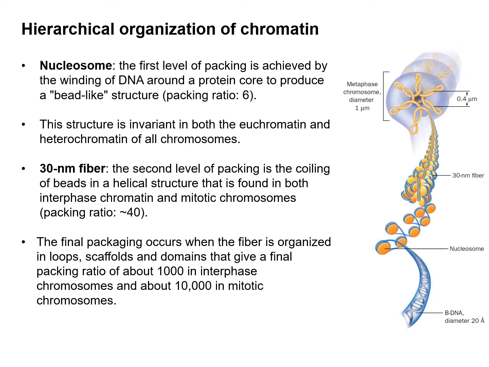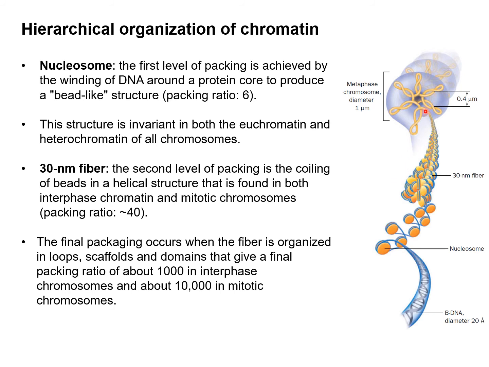The next level of packing is the 30 nanometer fiber, which is basically the coiling of these little nucleosome beads in a helical structure, found in both interphase chromatin and mitotic chromosomes, with a packing ratio of about 40. So it is highly packed here too.